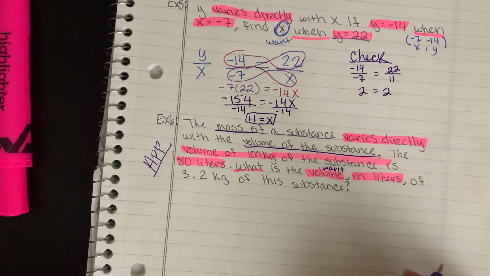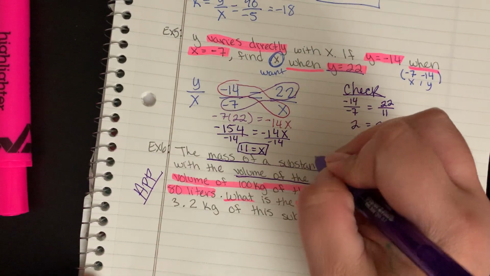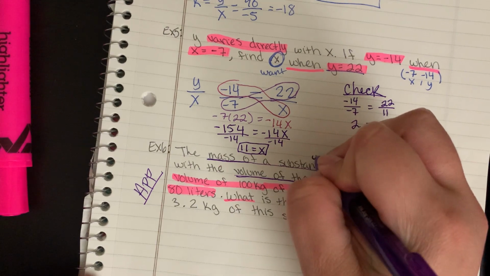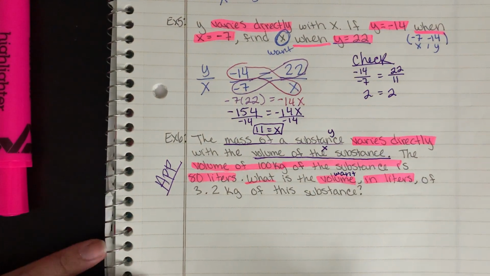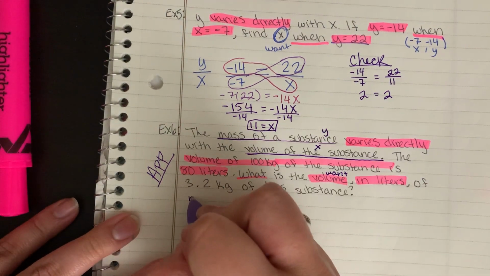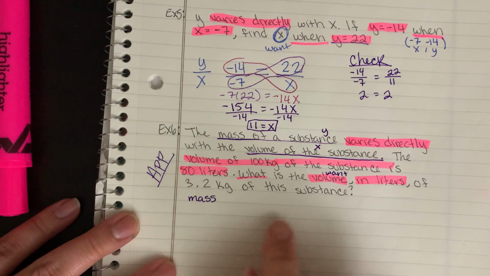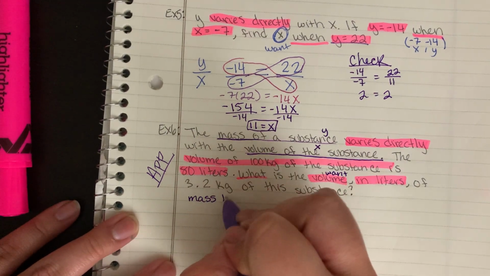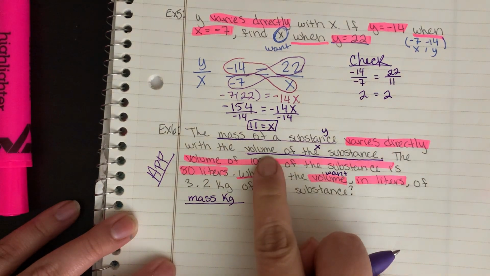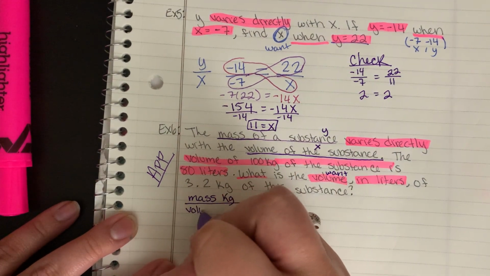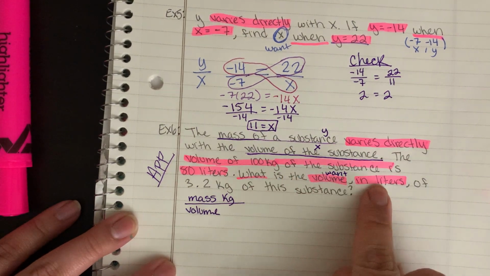The first thing we need to know is that anytime we're talking about direct variation, y comes first, right? So y varies directly with x. So let's write that down. We have the mass of a substance, which is in kilograms, over the volume, which is in liters.